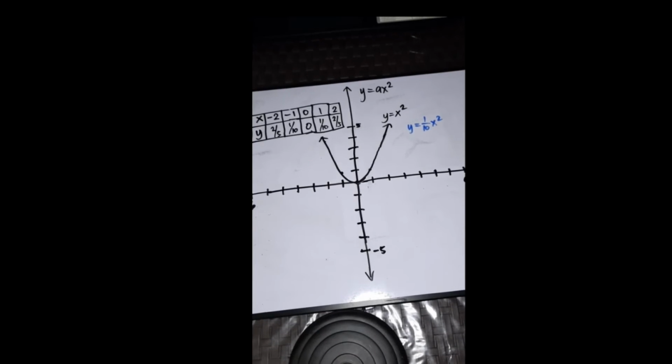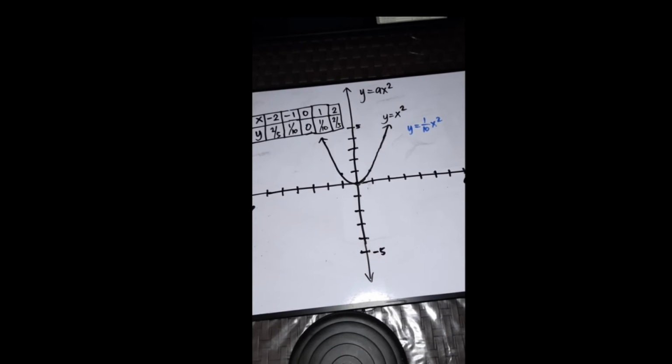Now let us consider the graph of y is equal to 1/10 x squared. If x is equal to negative 2, our y is 2/5. If x is equal to negative 1, our y is 1/10. And if our x is 0, our y is also 0. If x is 1, our y is 1/10.